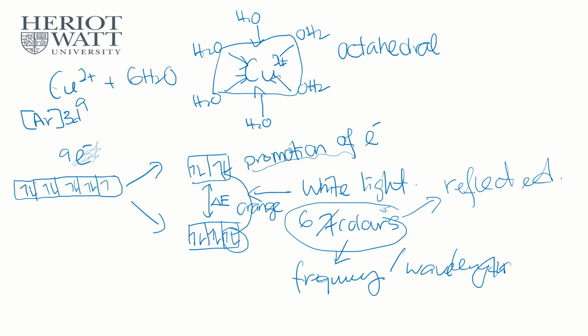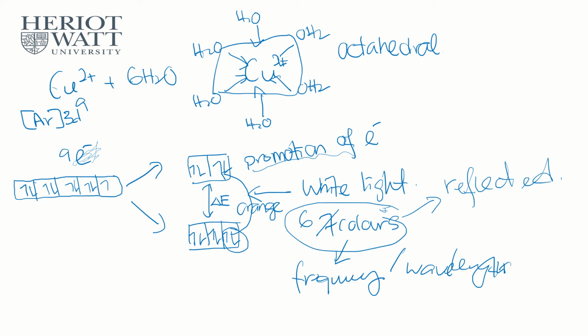So the 6 colors combine and get reflected, and we see it as a blue color. Because 7 colors combined give you white. But if out of 7 you only have 6, the 6 colors combined will give you a certain color. In this case, if you remove the orange from the 7 colors, the remaining 6 will give you blue color.